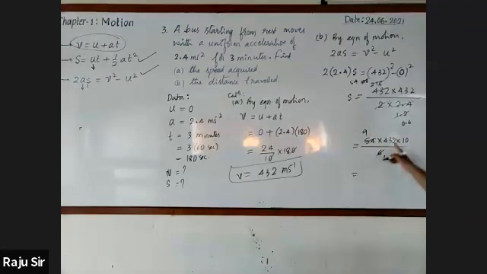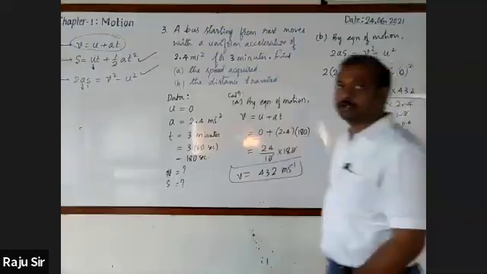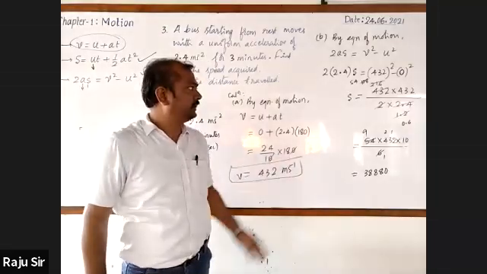Now you first multiply 432 and 9. 9 2s are 18. Carry 1. 9 3s are 27, 28. Carry 2. 9 4s are 36 plus 2, 3888 into 10. It is 38,880 meter.